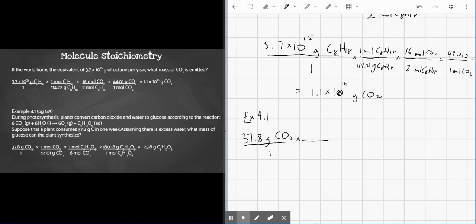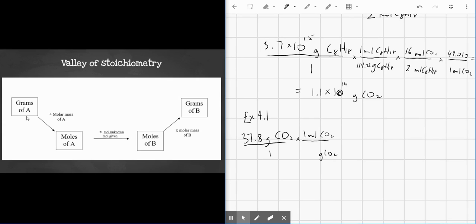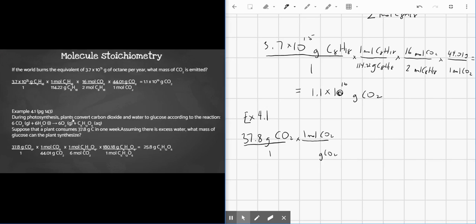We are going to get rid of these grams of carbon dioxide, grams of CO2, change it to moles. This is the first step in our value of the moles. We've changed from grams of carbon dioxide to moles of carbon dioxide by dividing by the molar mass. Okay, so over here, we're going to divide by the molar mass.